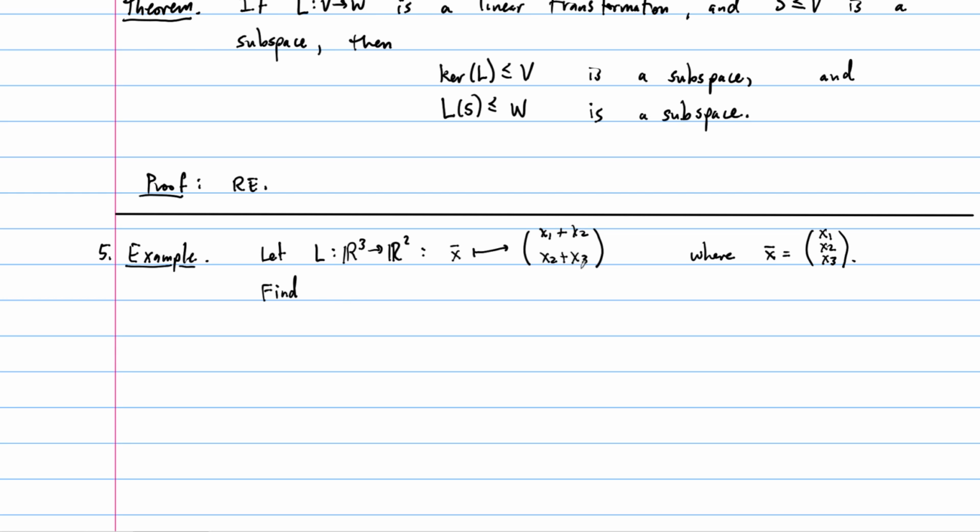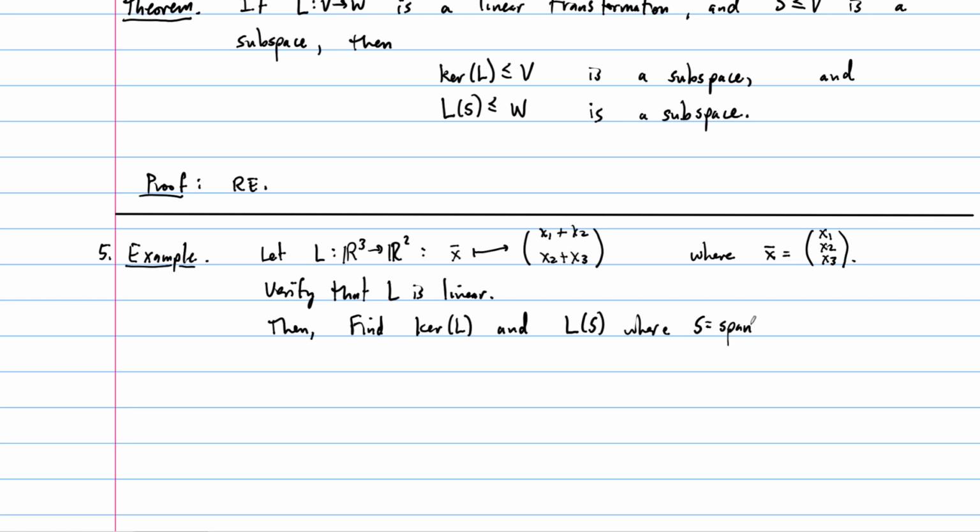First of all, I'm going to claim that this is a linear transformation, but you can take a minute to check that as well. So let me write that out actually as part of your task here. So verify that L is linear so that it satisfies the properties of a linear transformation. Then I'd like you to find the kernel of L and the image of S, where S is equal to the span of E1 and E2.